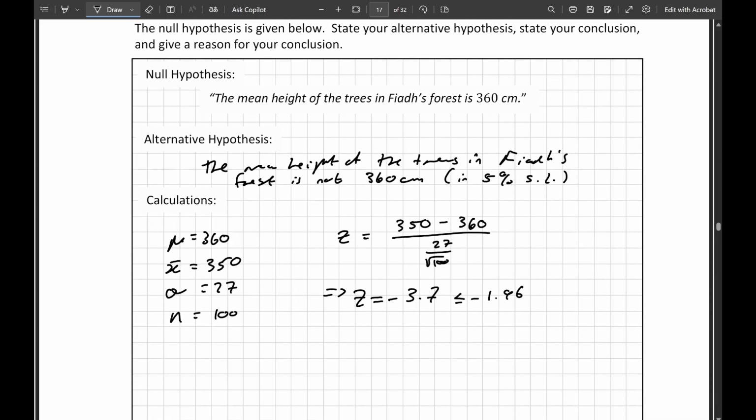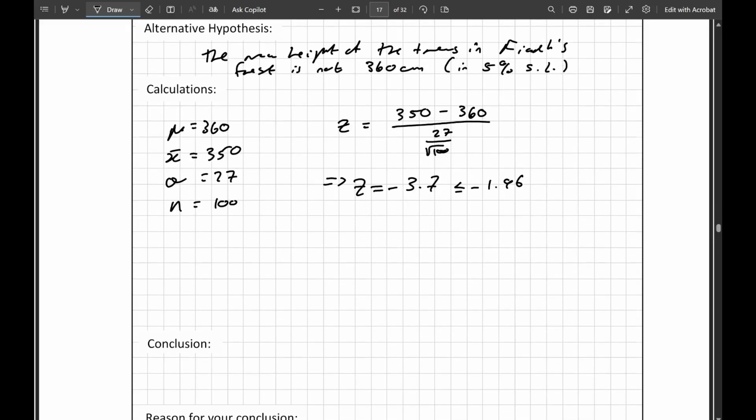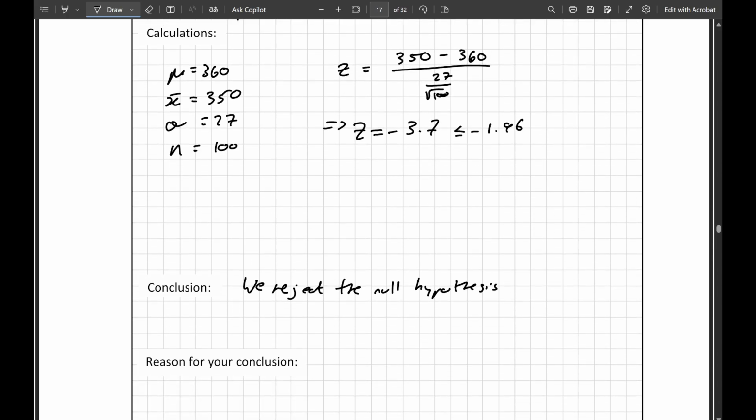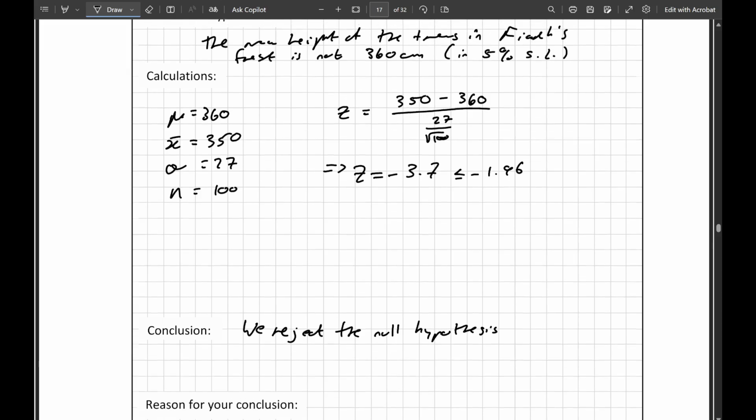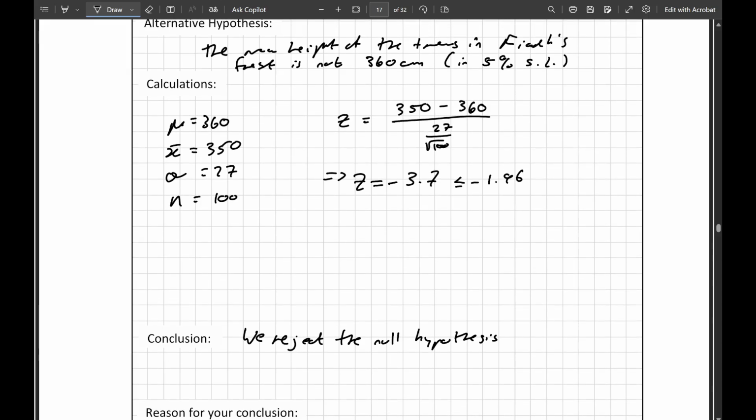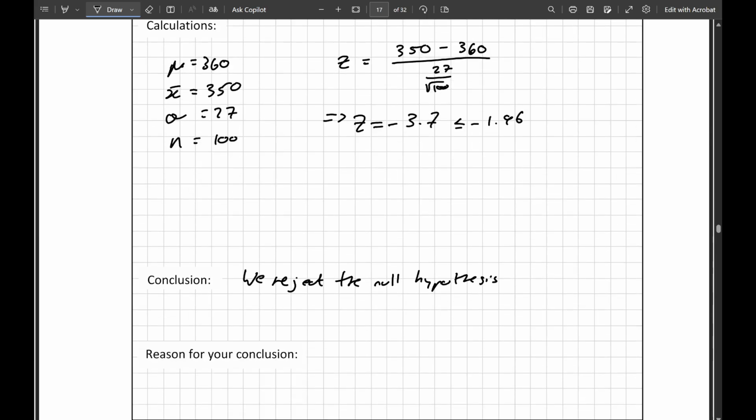So in our conclusion, we reject the null hypothesis. So that would imply that the mean height is actually different, so it's not actually 360 centimeters at the 5% significance level.